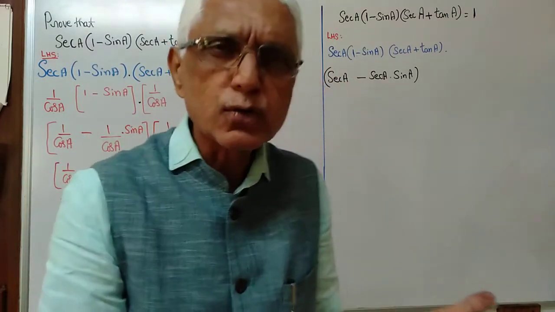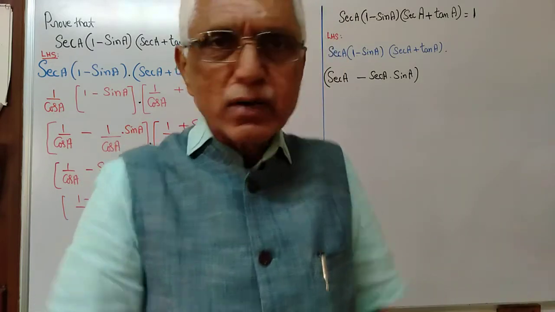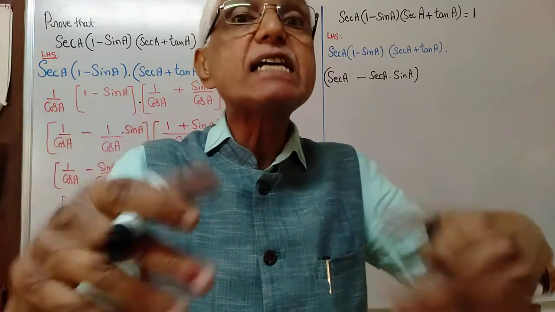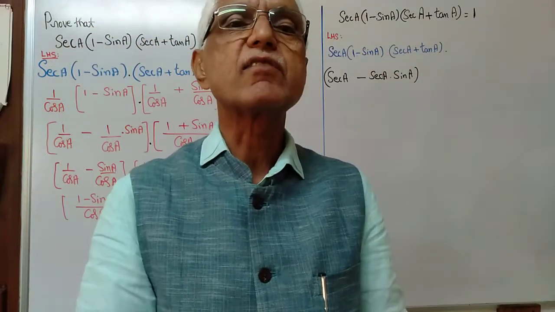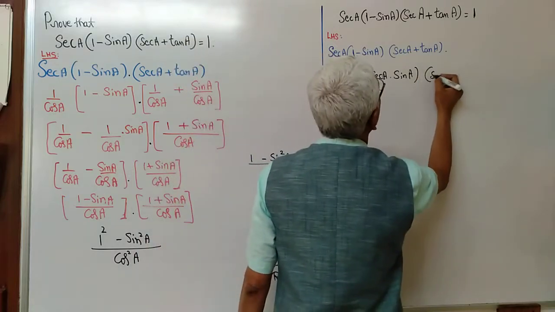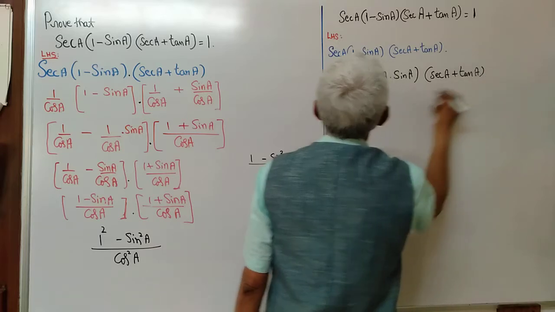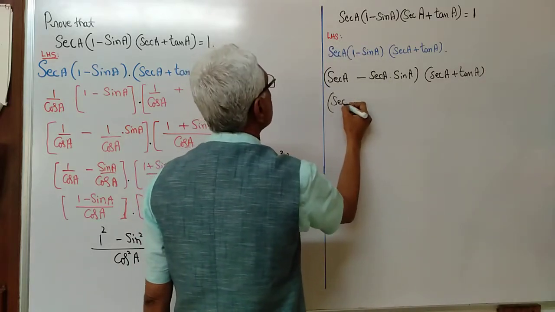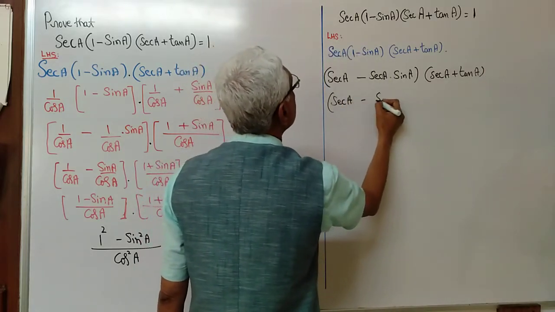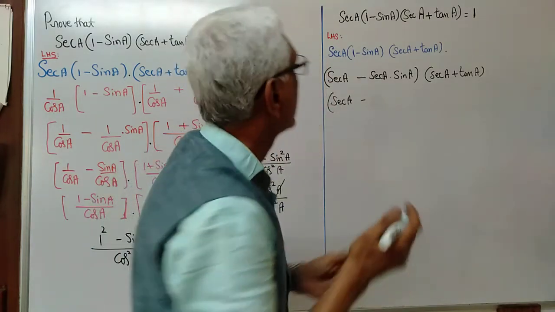You are not going to lose anything by exploring a different way, a different method. You get it? You get it. If you did not get it, you at least appreciate yourself because you gave a thought in a different direction. That is secant A minus, what is secant A?